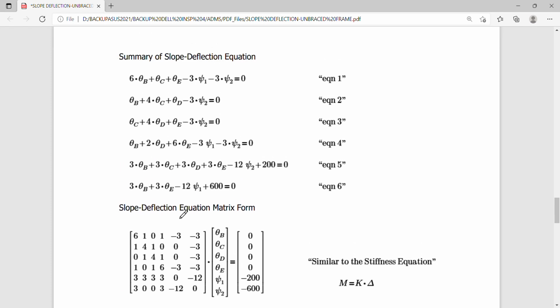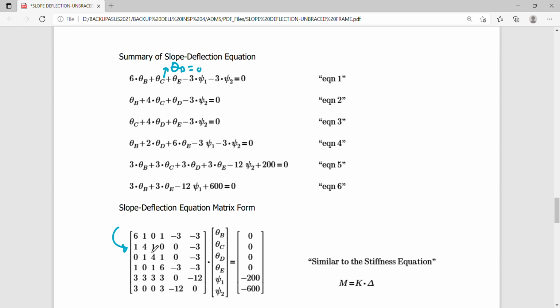So we now assemble the matrix, which is actually the flexural stiffness matrix, equivalent to this one. Okay, so 6, 1, 1, minus 3, minus 3. There's a 0 here because we have no theta D here. Theta D equals 0, so it must be consistent. B, C, D, E, psi 1, psi 2. So that's why there's a 0 here.